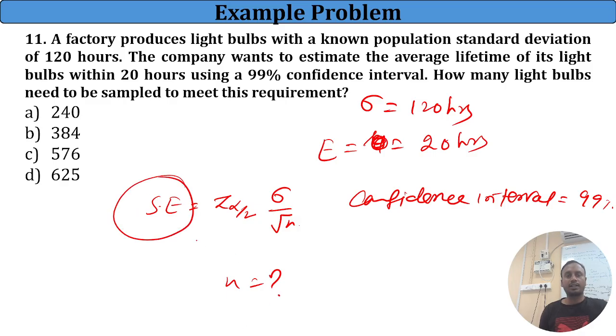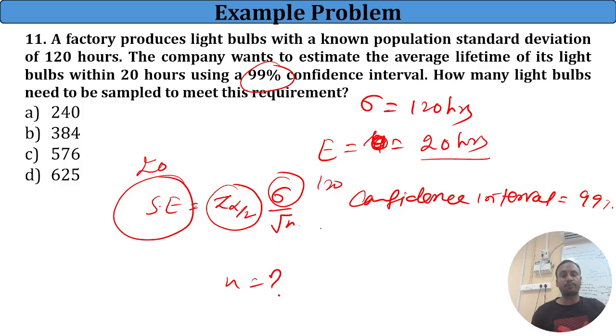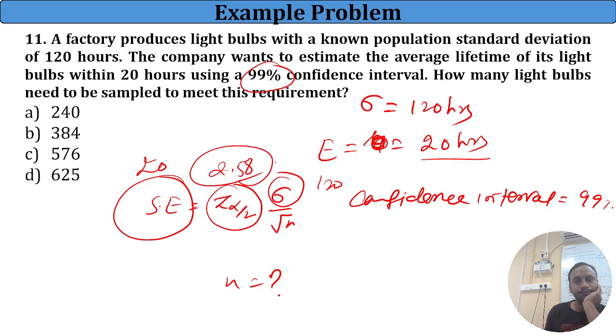We know the value of standard error is 20. Sigma is 120. And the z value we can calculate from the 99% percentage. How much will it come? That will be two-sided. It's going to be 2.58. Is it? What's the value of n? Yes, 2.57.